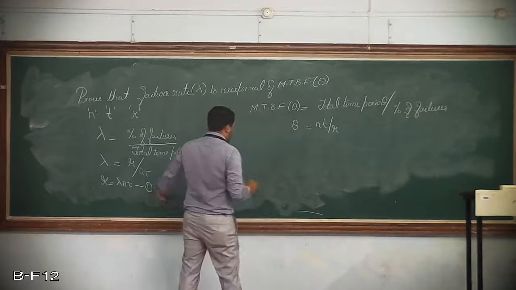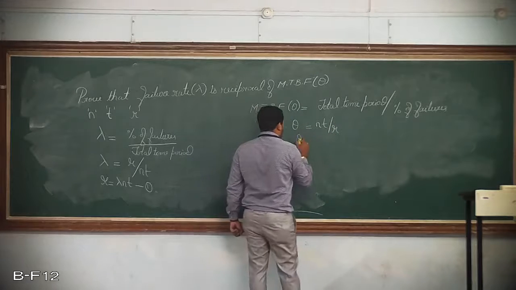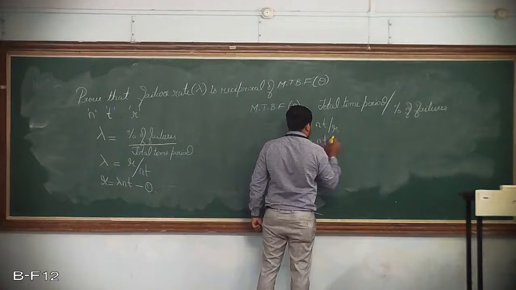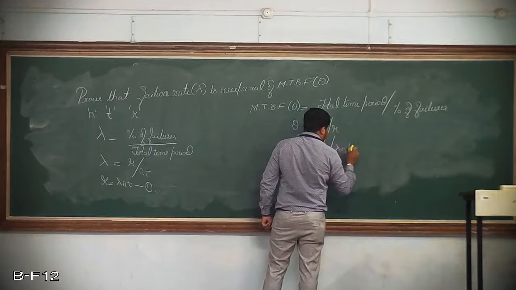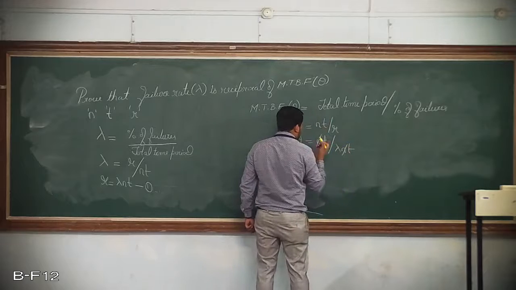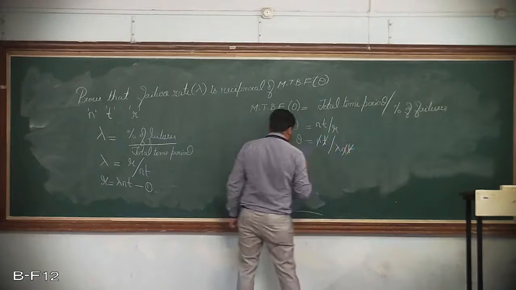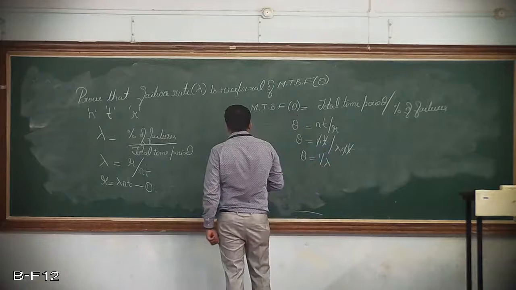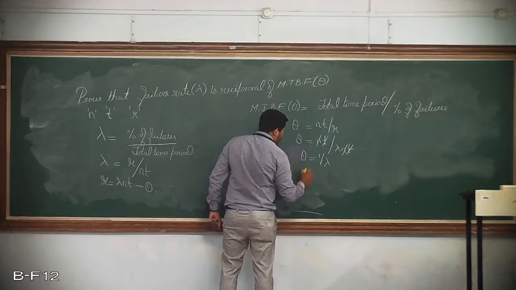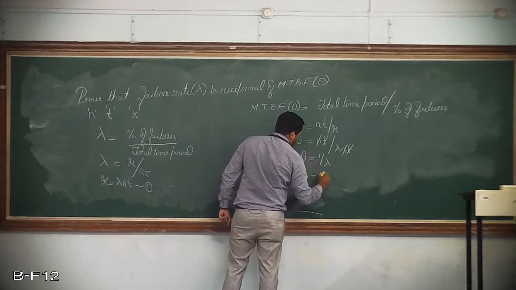So from this equation you just substitute the value of r, that is lambda nt. Here n gets cancelled, t gets cancelled. So hence theta is equal to 1 by lambda. And you can also write this as failure rate is equal to 1 by theta.